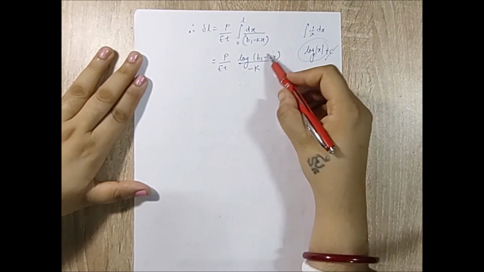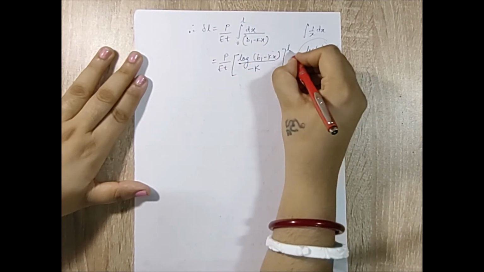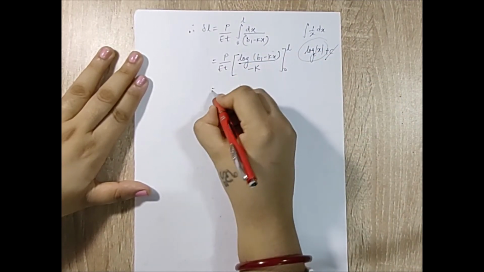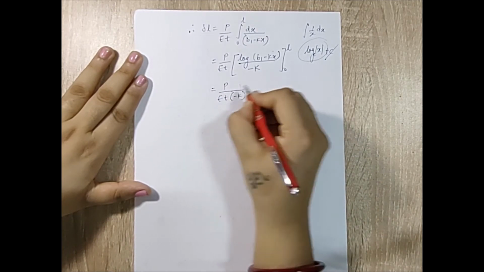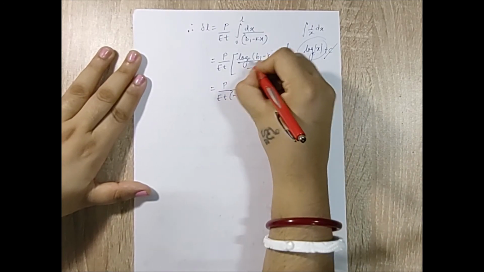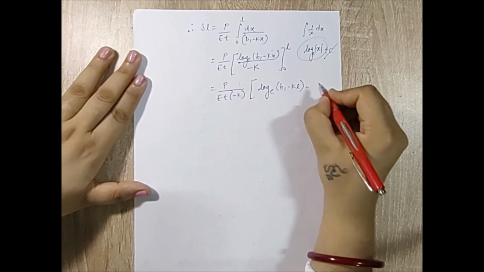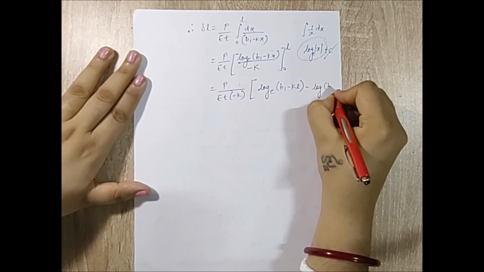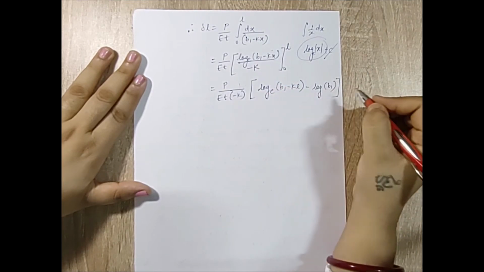We actually take the derivative of this term. Now this is from 0 to L that I have to integrate. P upon Et and minus k comes out. When I substitute L, I'll get log, obviously to the base e, B1 minus KL minus log of B1, because when I substitute 0 this term is gone, so only B1 remains.